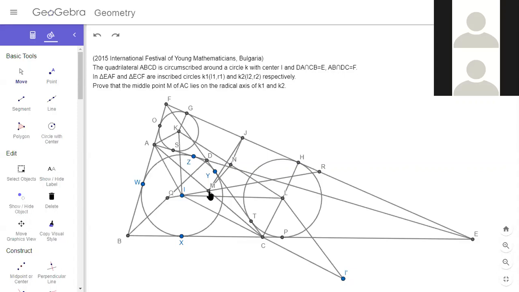Yeah, we have three midpoints. J is the midpoint of GH, N is the midpoint of KL, M is the midpoint of AC.